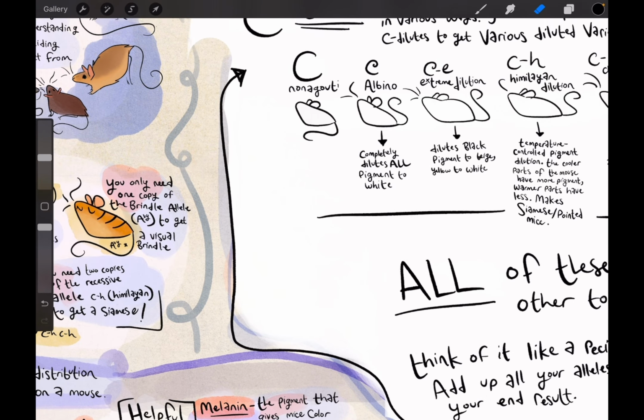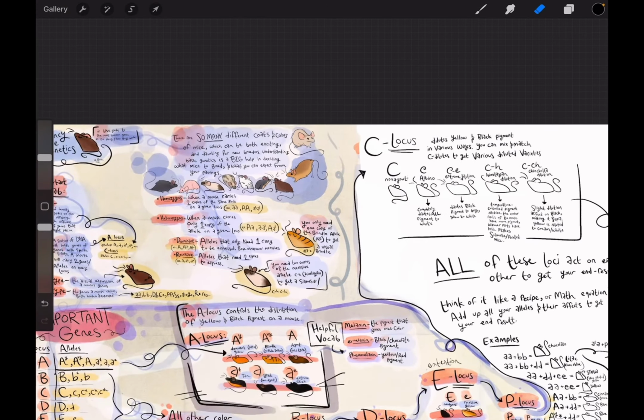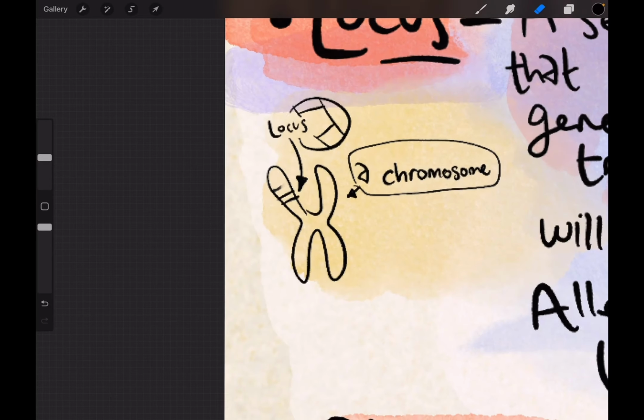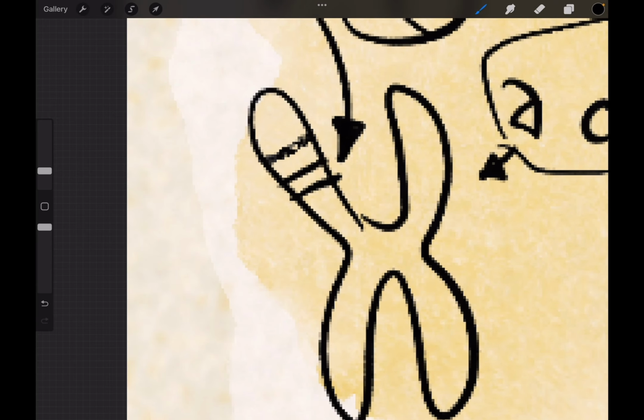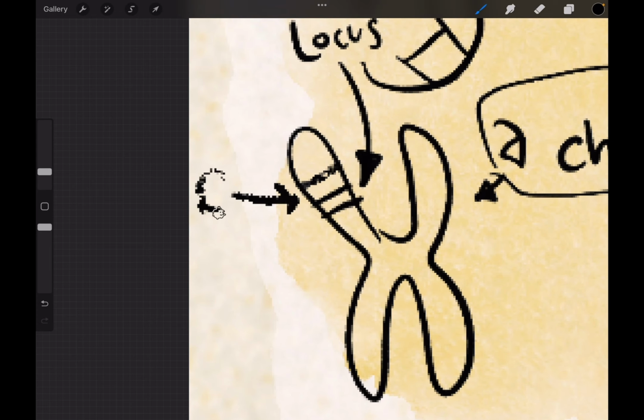And when you have two loci that are really close to each other, here I'll use this chromosome to demonstrate. Let's pretend that we have these two loci next to each other. This one's the C locus, we'll pretend, and this one is the P locus that we just went over.